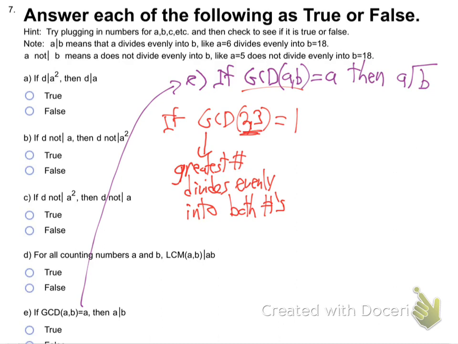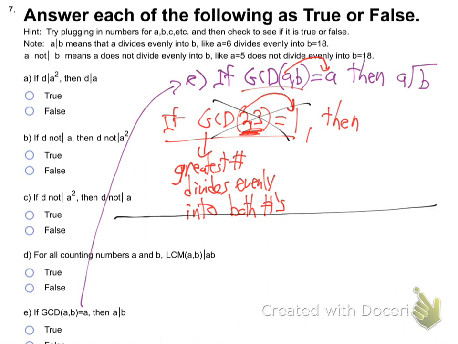It's only 1. They said the GCD of 2 and 3 is supposed to be the first number. Did it come out to be the first number? No. So my example does not meet the if. So don't even go any further. It's a bad example. Try again.